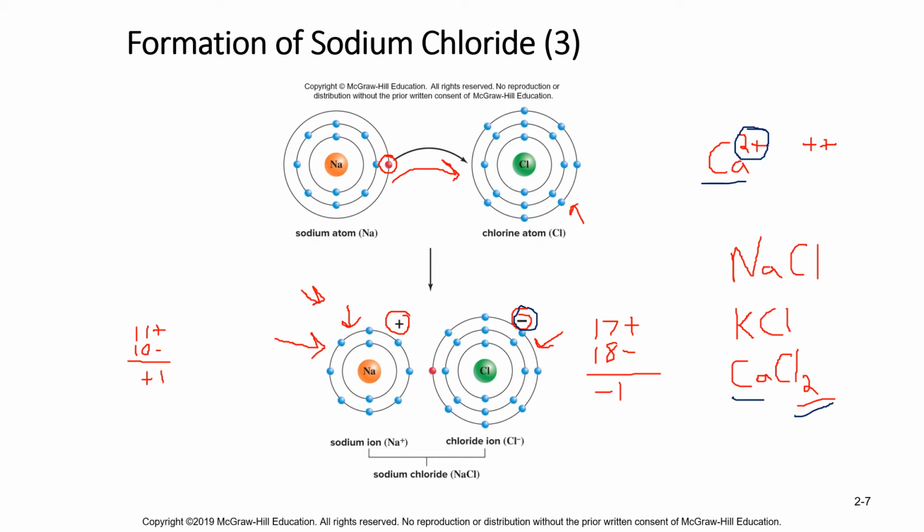So there's 1 calcium in that salt and 2 chlorine atoms. Once they form their ions, opposites attract, and those atoms will stick together as long as water doesn't get in the way. Again, when you drop these into water, they will ionize and they will separate.